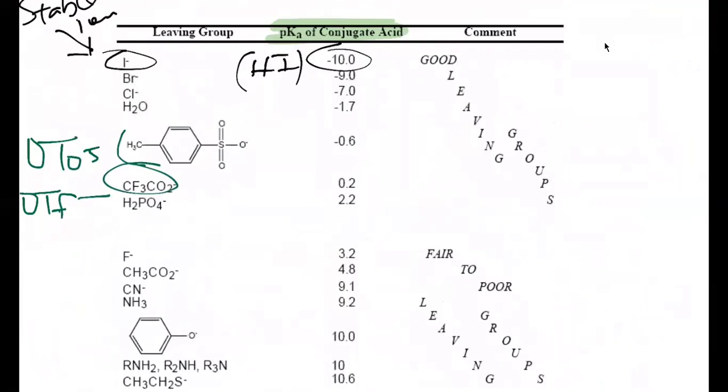So chlorine is here, and its conjugate acid has a pKa of -7. And then the tosylate has a pKa of -0.6. So which one has the lower pKa? Chlorine. Right, so when we compare those two leaving groups, chlorine is a better leaving group.